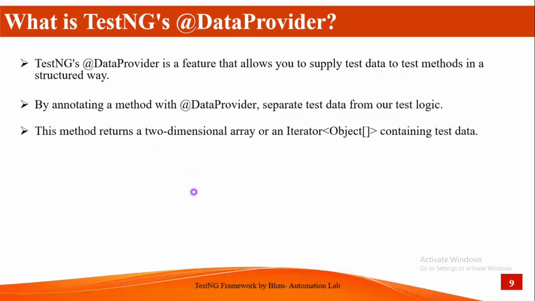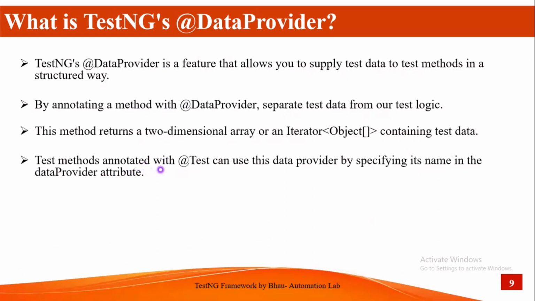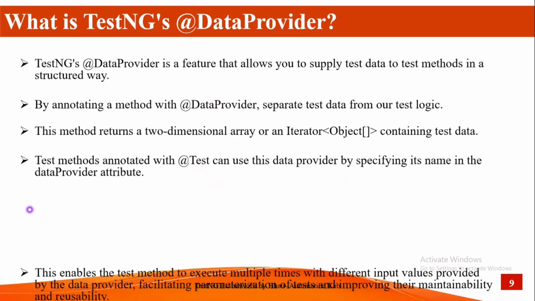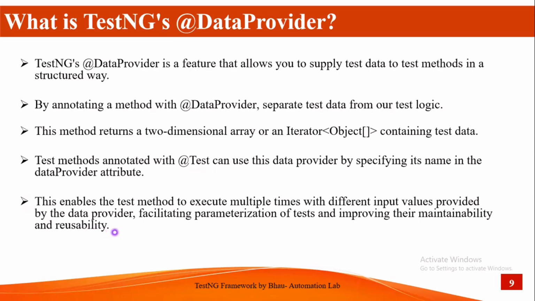Okay, and this method returns a two-dimensional array or an iterator object containing test data, and the test method annotated with @Test can use this data provided by specifying its name in the data provider attribute. This enables the test method to execute multiple times with different input values provided by the data provider, facilitating parameterization of the test and improving maintainability and reusability.